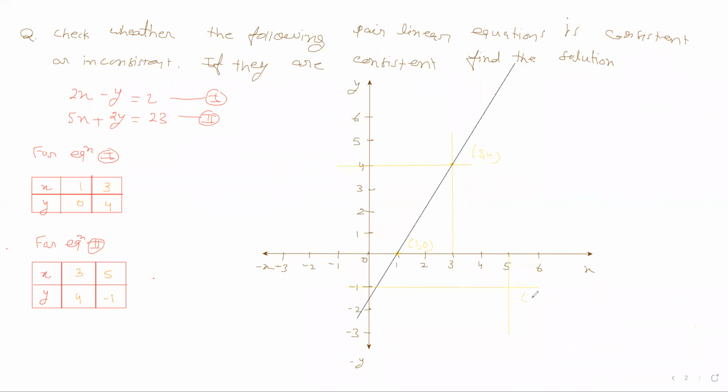So this is (5,-1), this intersection point. Now join these 2 points, (3,4) and (5,-1).